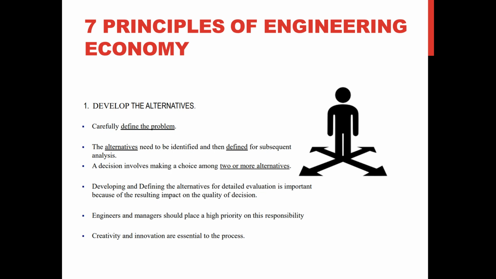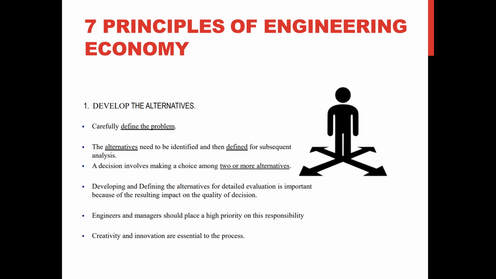Then a decision involves making a choice among two or more alternatives. Next, developing and defining the alternatives for detailed evaluation is important because of the resulting impact on the quality of decision.